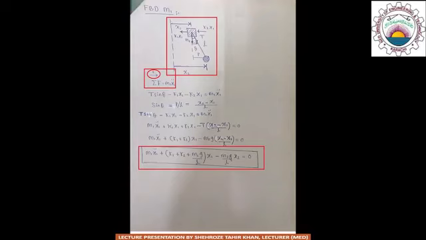The next problem is the extension of problem 5.4, in which the values of the masses m1 and m2, the stiffness elements k1 and k2, and the length of the string are given, and we are required to find the natural frequencies of the system and the amplitude ratios.